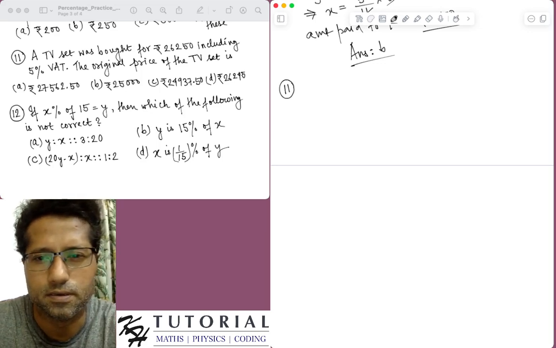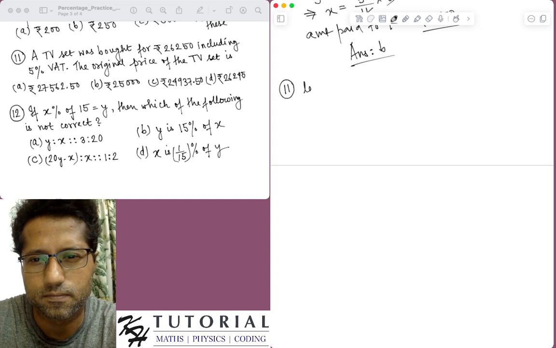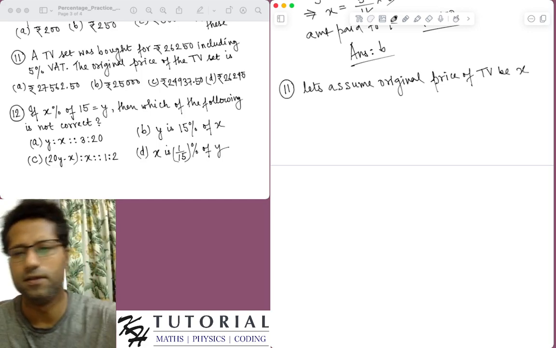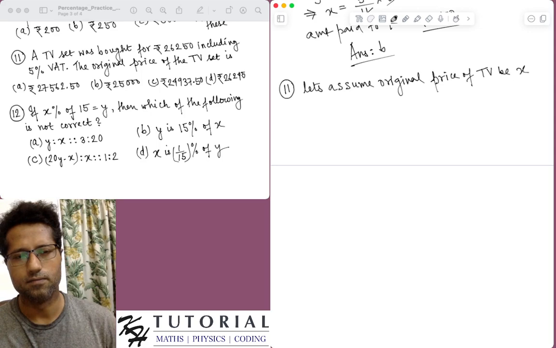So let's assume the original price of the TV be X, that is X rupees. I'm omitting the rupee symbol, it is understood.